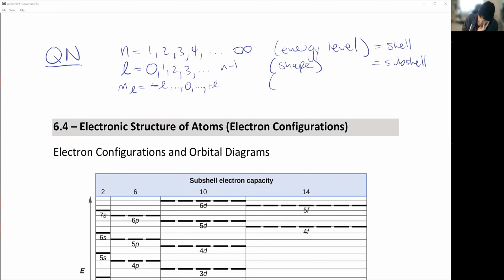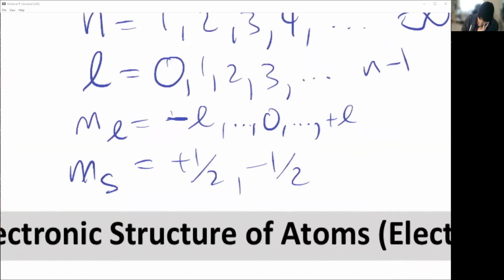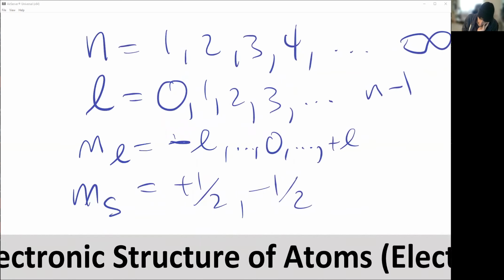These are going to be the direction of those shapes from the previous. These are going to be our orbitals. And each orbital is going to have two sets of electrons, plus 1/2 or minus 1/2, or spin up, spin down. So just to further clarify these, again, L: s, p, d, f, g, and so on.